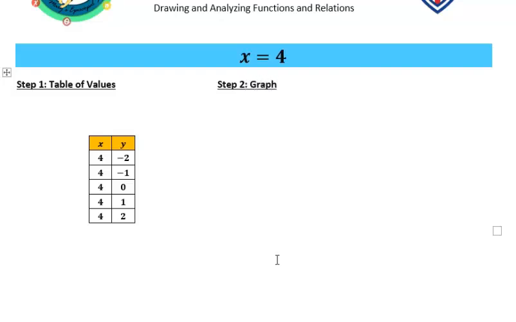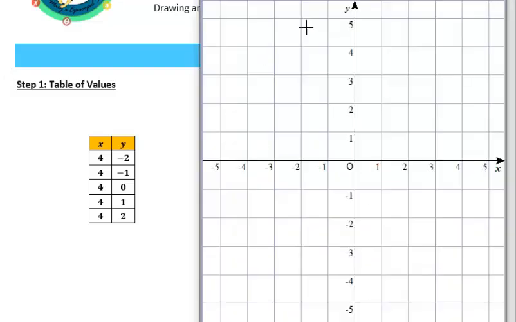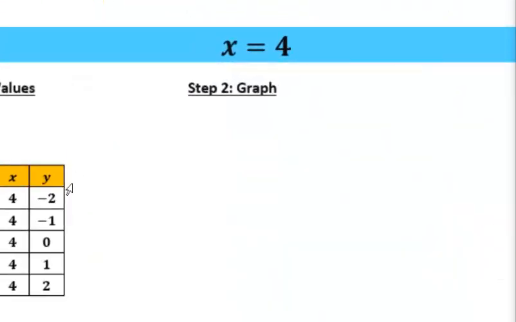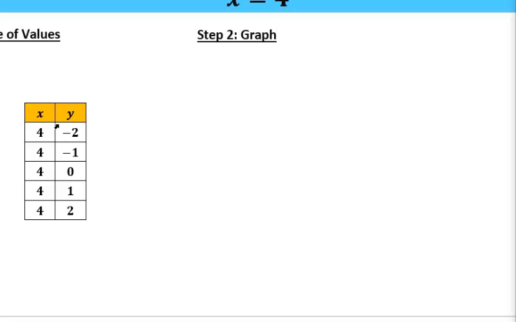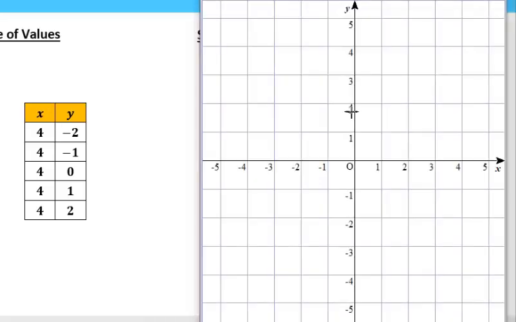Step 2 will be drawing the graph, right? So for the graph, as usual, you're going to need a coordinate plane. You're going to draw it from -5 to 5, both on x and y axis. You're going to use the numbers of the table of values to locate points on this coordinate plane.